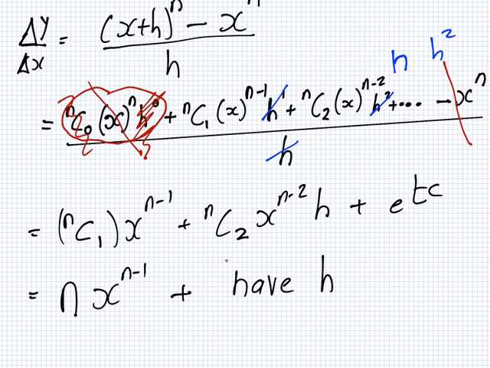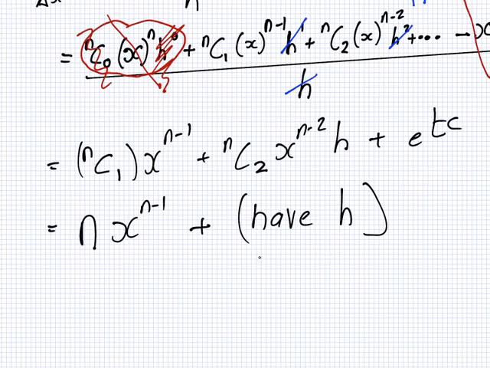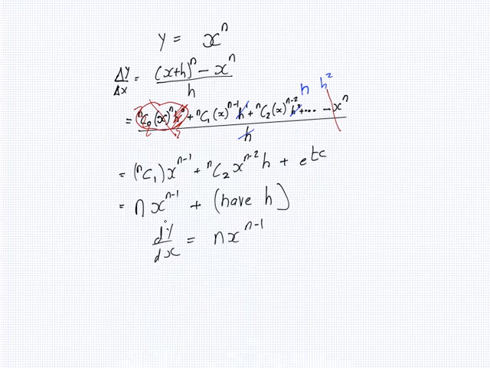All the other parts, I actually don't care what they are. I just care that they all have h in it. And when h goes to 0, they're all 0 anyways. So, we now have our first result.